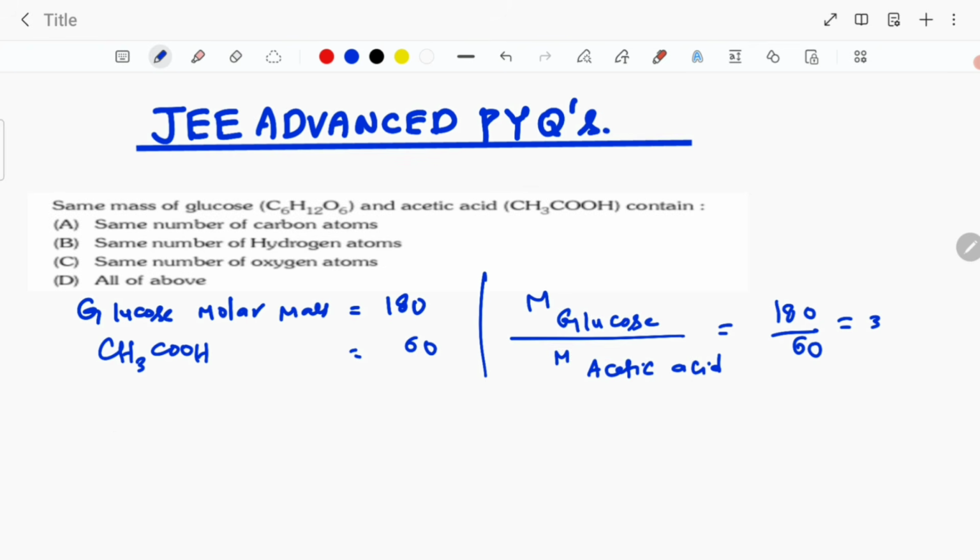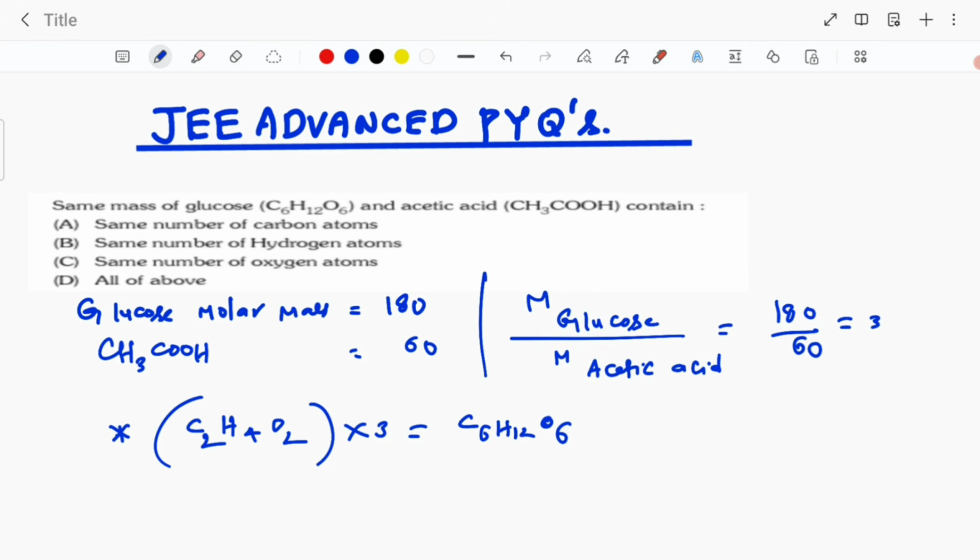Similarly, acetic acid formula is C2H4O2. If I multiply with 3, here we are going to get C6H12O6. So glucose molar mass is 3 times acetic acid molar mass.